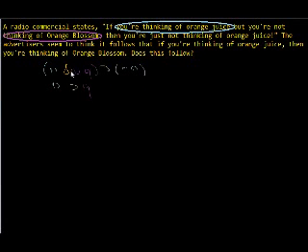P and not Q implies not P. Therefore, these are our premise and our conclusion. P and not Q implies not P. Therefore, P implies Q.